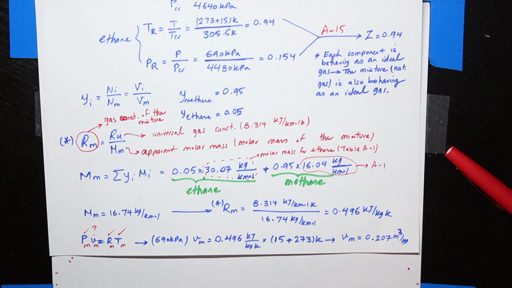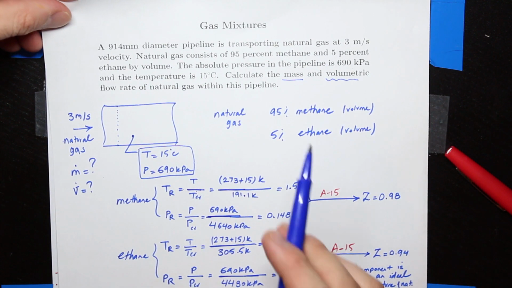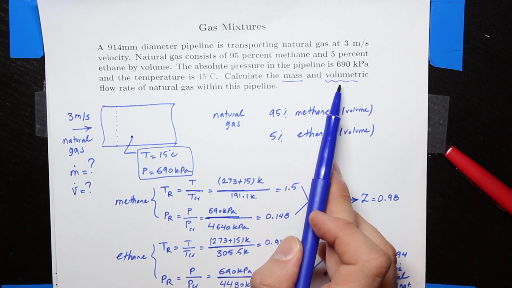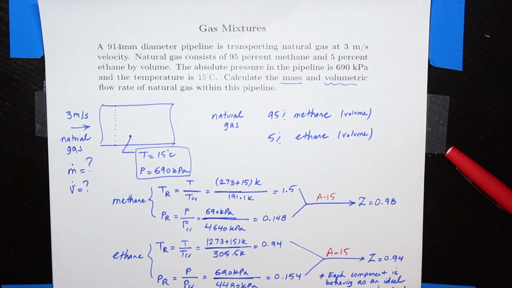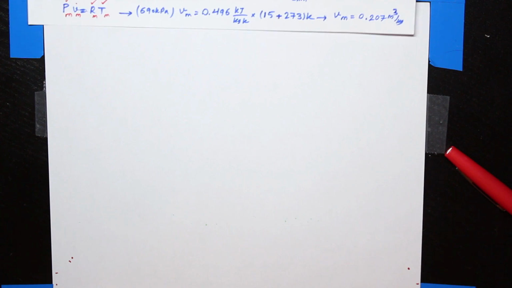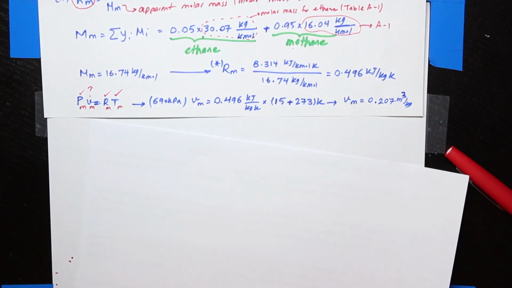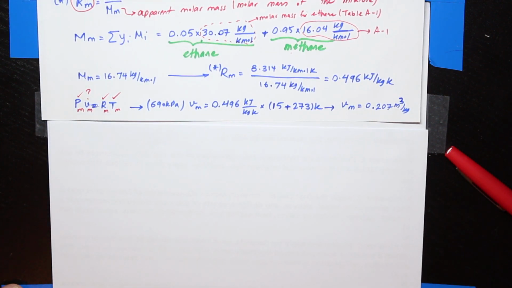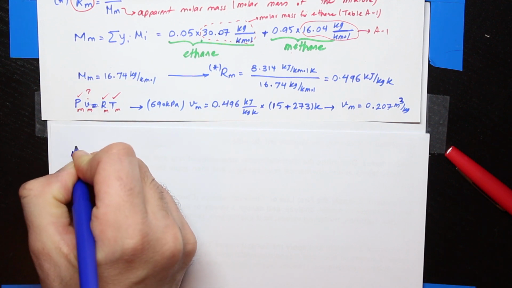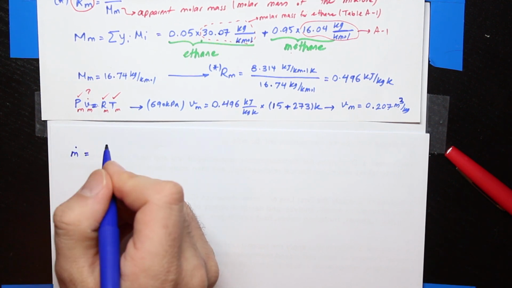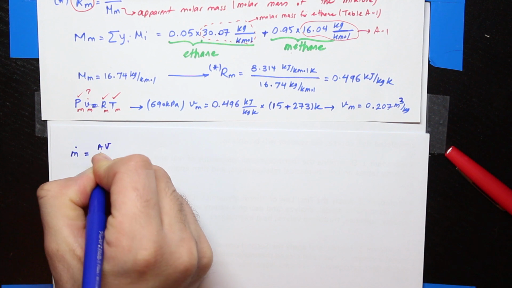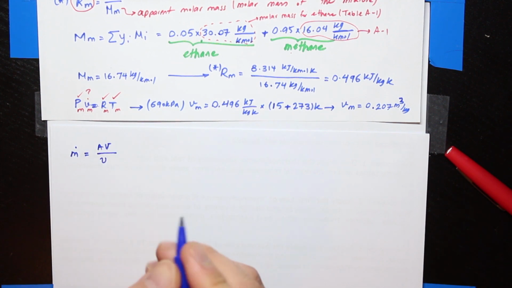Okay, if I go back to the problem statement, it was asking for the mass flow rate, m dot, and the volumetric flow rate, V dot. But I can easily use this specific volume to obtain those properties. So m dot, or mass flow rate, is equal to AV over the specific volume.